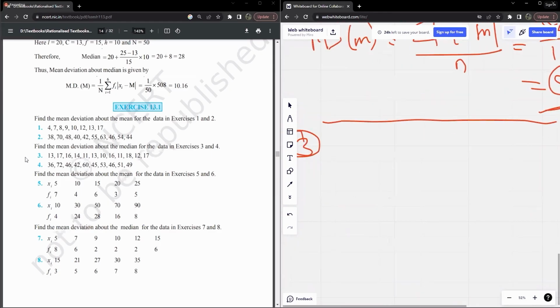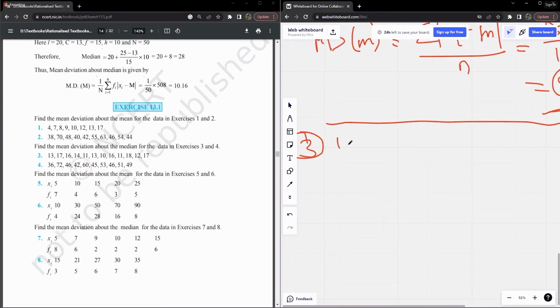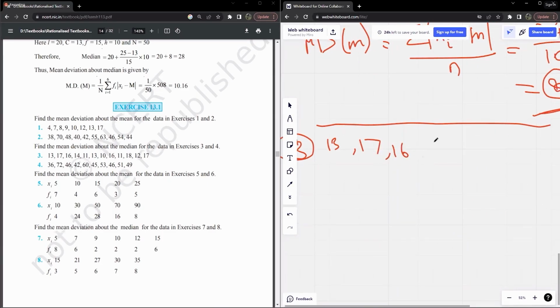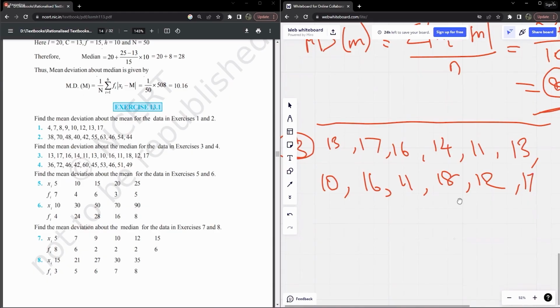For the third question, we have the data set 13, 17, then 16, then 14, then 11, a 13 again, and then a 10, a 16, 11, and 18, 12, and a 17.